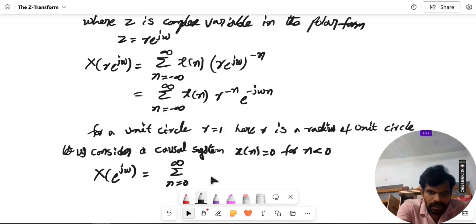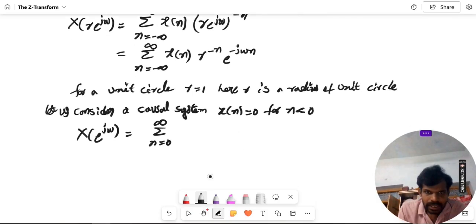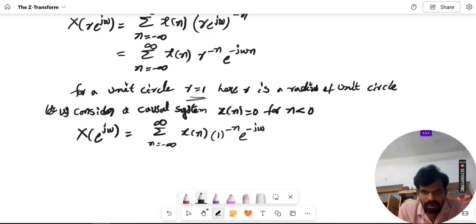Without considering a causal system, the limit is n equals minus infinity to infinity of x of n into 1 power minus n into e power minus j omega n.